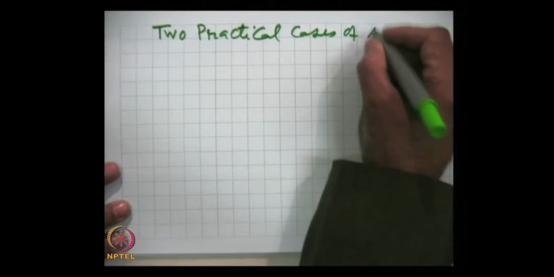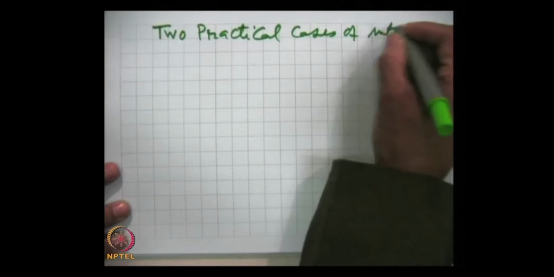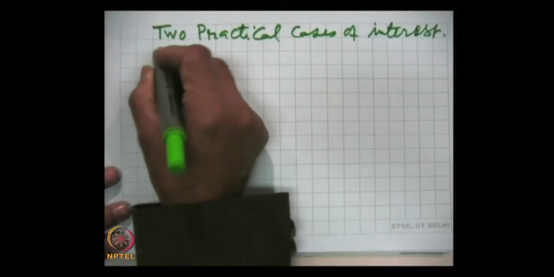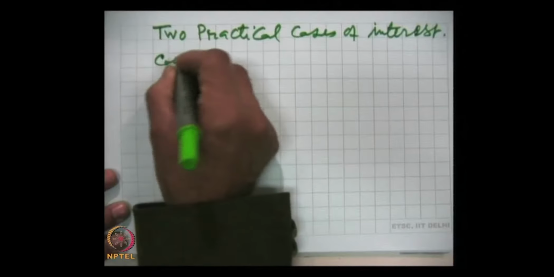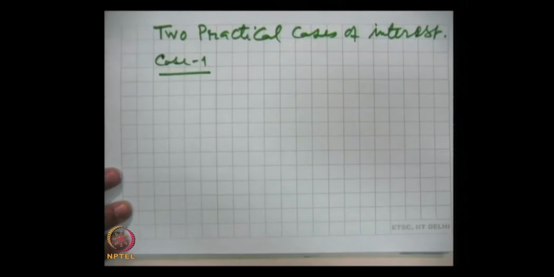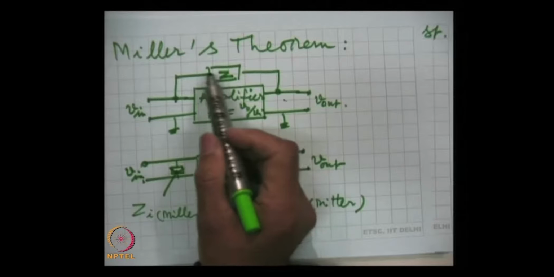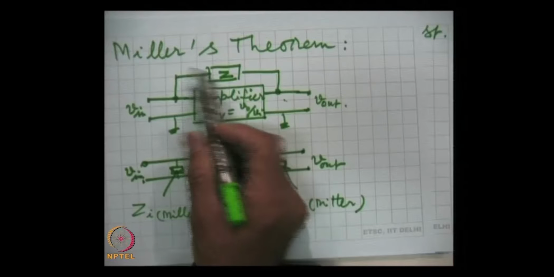Case 1, where Z is a pure resistance, that means a resistance appears in the circuit such that one end is connected to input, the other end is output.